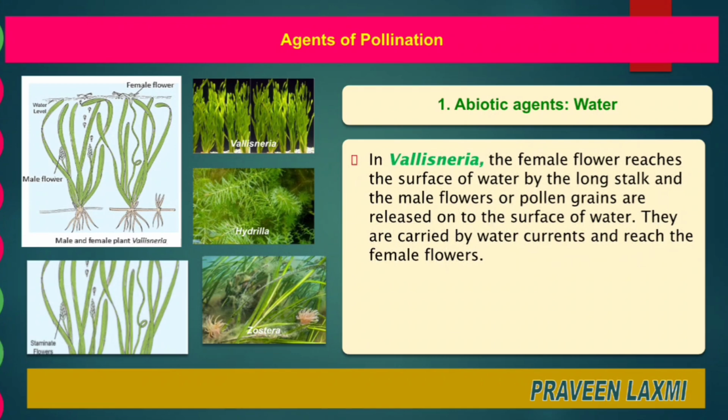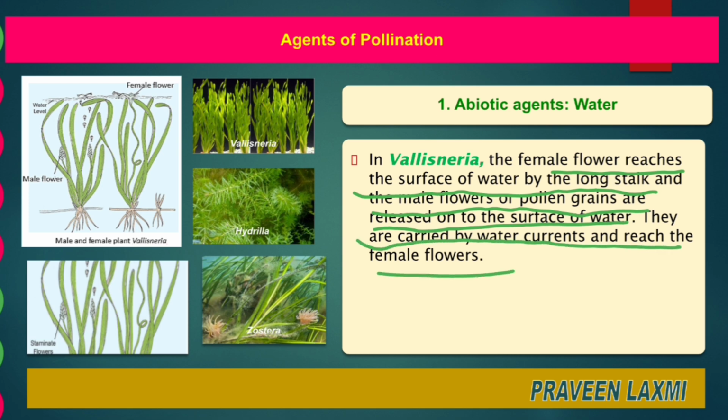In Vallisneria, the female flower reaches the surface of the water by a long stalk, and the male flowers or pollen grains are released to the surface of the water, and they are carried by the water current and reach the female flower.